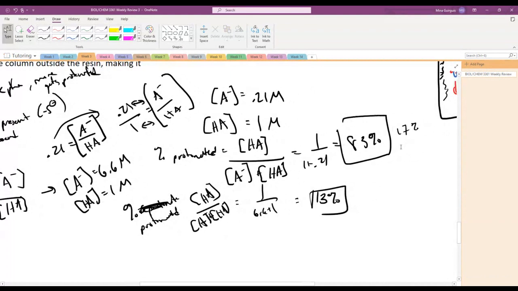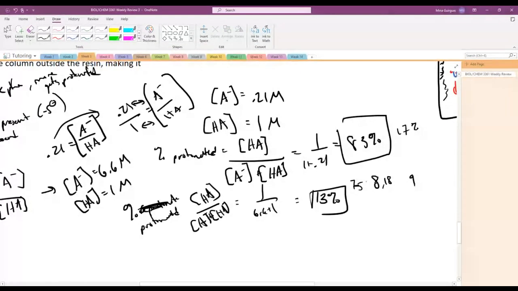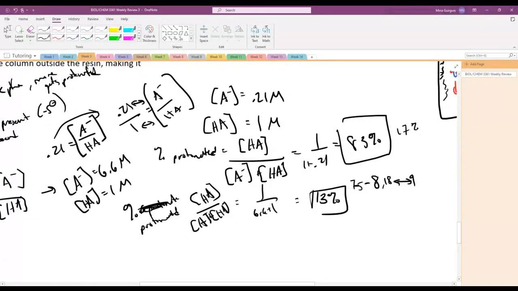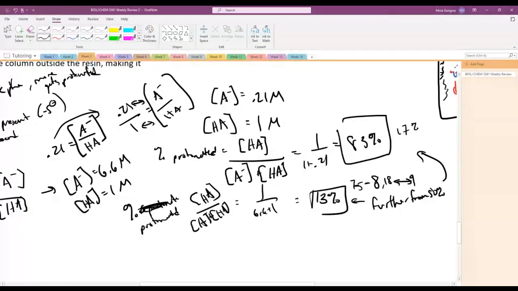Sorry. So what I mean by that is 9 is further from the 8.18 than 7.5 is, right? 7.5 is closer. This one is somewhat further away, which means that this should be further from 50% than this. And it is.